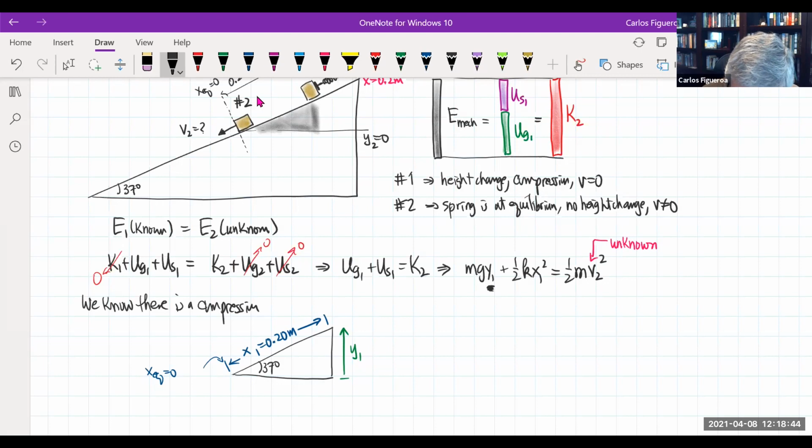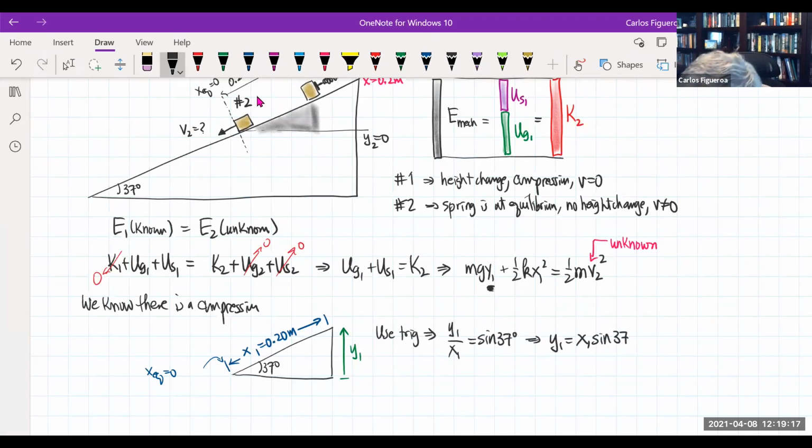So here I go. I'm going to use trig, which tells me that the angle is what? It's going to be the opposite. So if it's the opposite, y1 over x1 should be the sine of 37 degrees, which then tells me that y1 is x1 sine of 37.